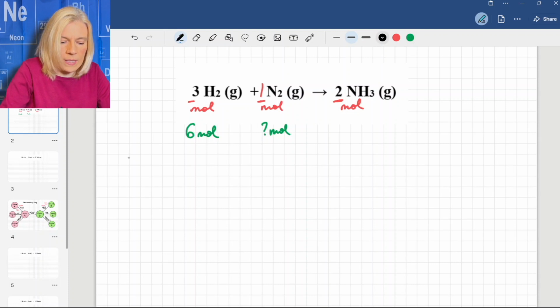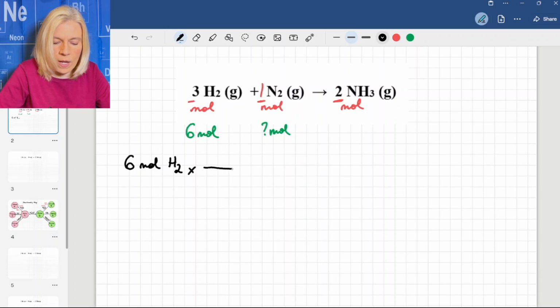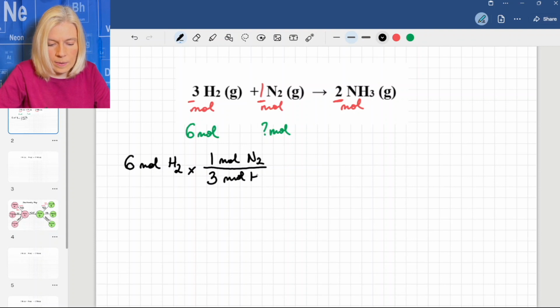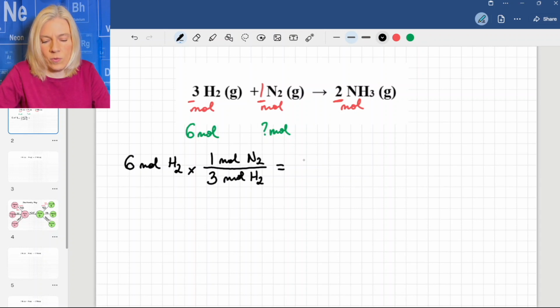So if I have 6 moles of hydrogen, let's look here. There is 1 mole of nitrogen reacting per every 3 moles of hydrogen reacting. And if I do the math quickly, you can see 6 divided by 3, I will have 2 moles of nitrogen needed to react with 6 moles.